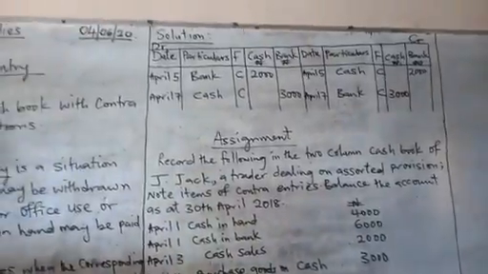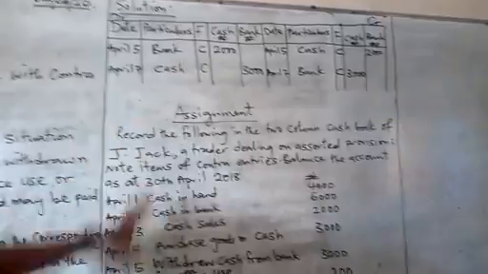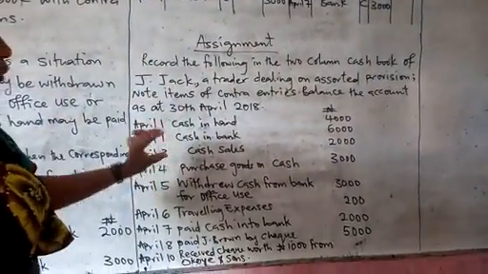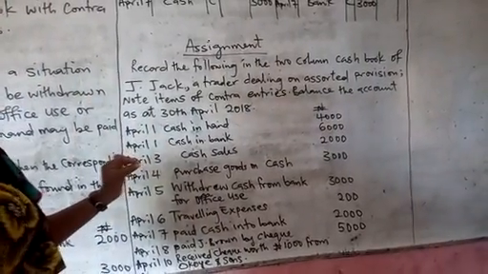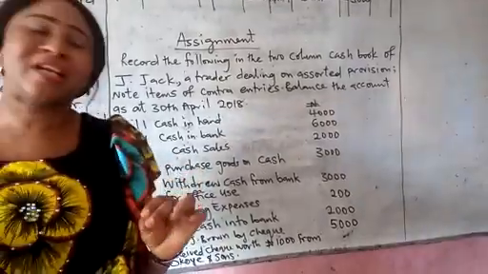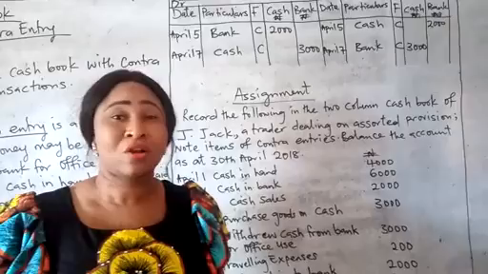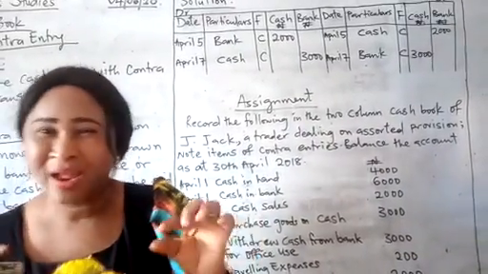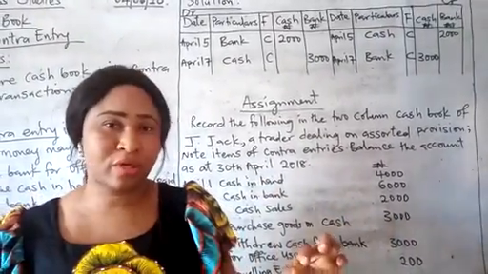So from the explanation that I've just made, if you look at this assignment, study it very well. Take note of items of contra entry. Whenever cash is paid into the bank, or cash is withdrawn from the bank, you should know that it is a contra entry, and it will have debit and credit entry.